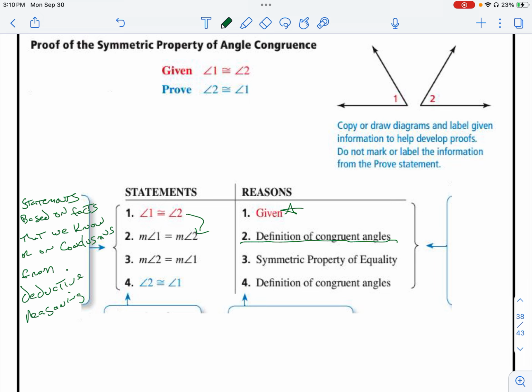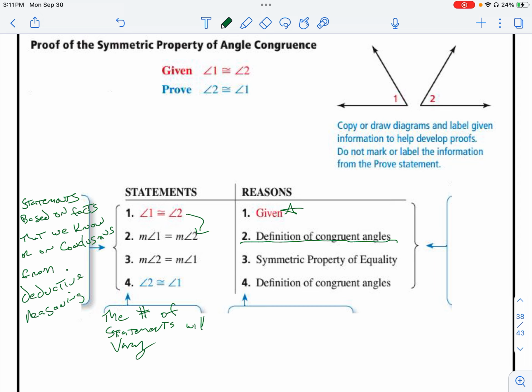So as we make a change based on a reason, we reach a new conclusion, whether we're subtracting from both sides, adding to both sides, whatever the case may be. We got to remember that the number of statements will vary depending on the proof.